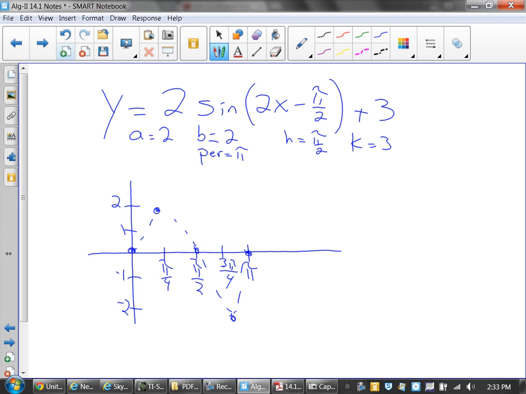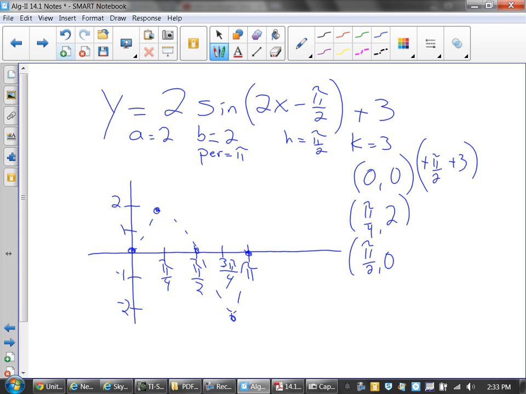So what we're going to do here is 2 ways of doing this. I know my ordered pairs are 0, 0, pi over 4, 2, pi over 2, 0. Just for a rough idea. To that I have to add pi over 2 and add 3. So the new ordered pair would be at pi over 2 and 3.